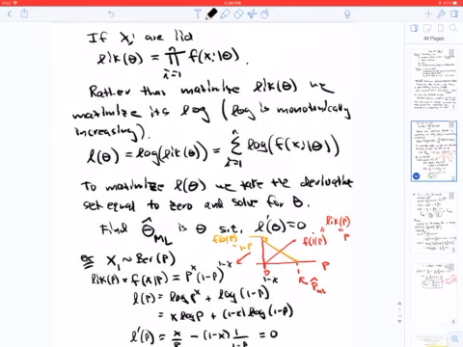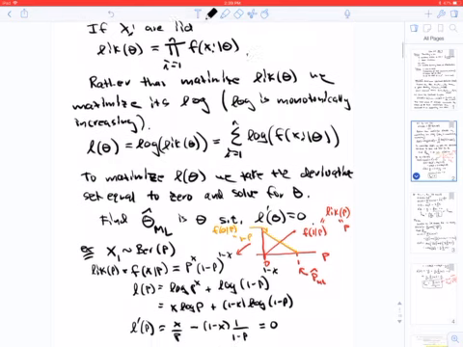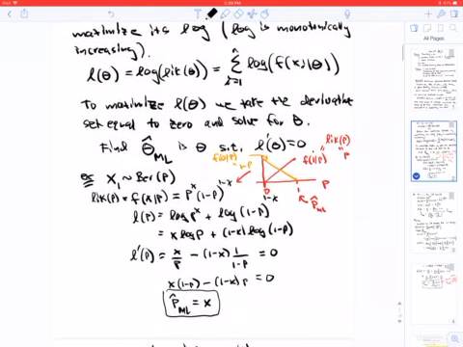Now, log is monotonically increasing, so whatever value of theta maximizes the likelihood function will also maximize the log likelihood function. And so this is an optimization problem. We take the derivative and set it equal to 0, and the solution is the maximum likelihood estimator.